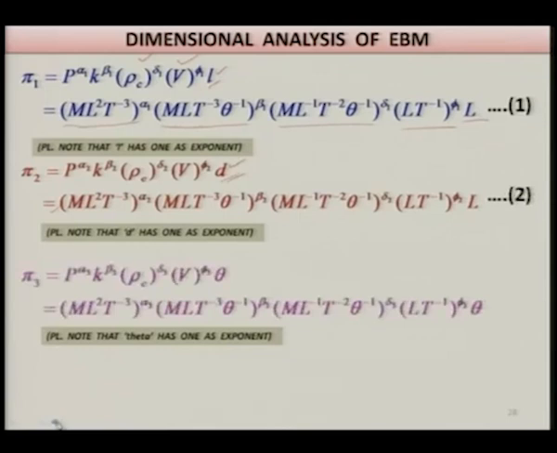Then there is the third dimensionless variable, pi 3: P raised to power alpha 3, k raised to power beta 3, rho c raised to power delta 3, v raised to power phi 3, and theta. So again substitute the values of the dimensions and you can see again here theta is having single power. Now this way you will obtain 3 different equations.